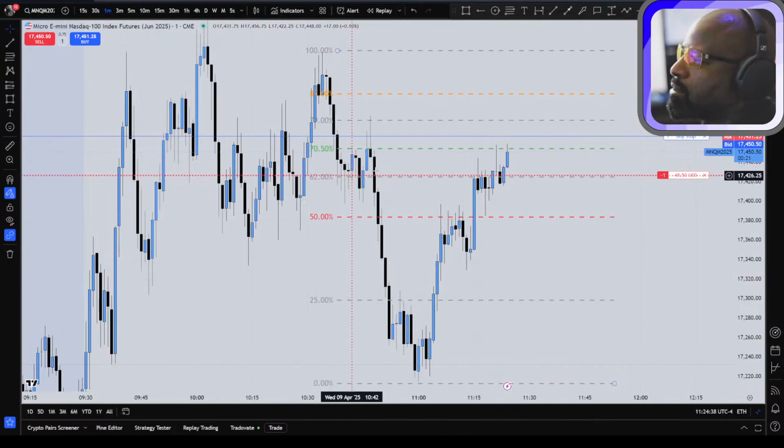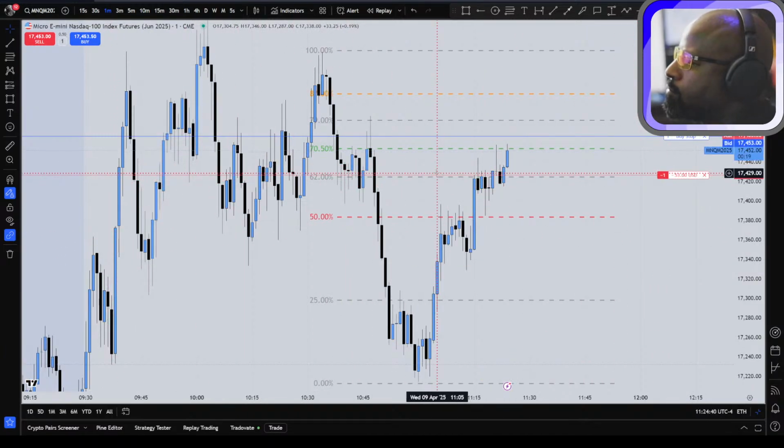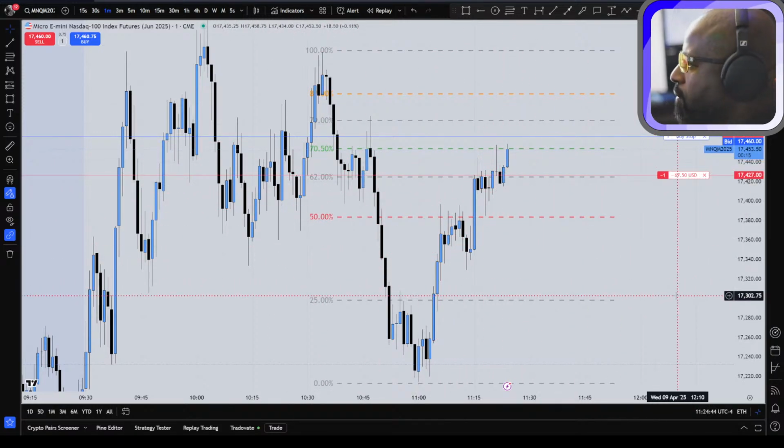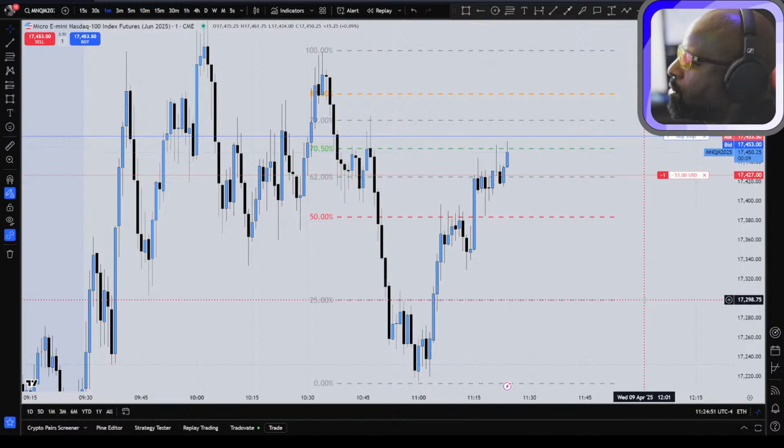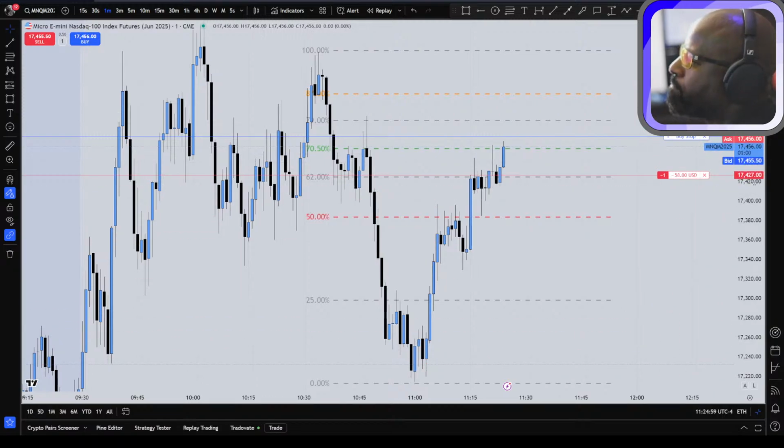Did I take the trade again in the exact same spot? I'm sure a lot of traders did. When we got to this spot, a lot of traders thought, oh yeah, it's a good spot. It's one of these areas that is what they call a psychological level. 17,427 flat.